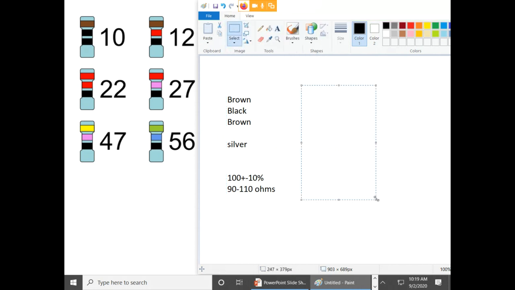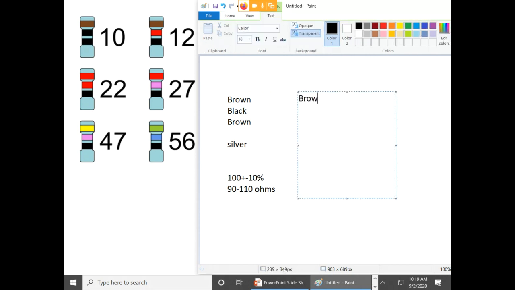On the other hand, if I had a resistor that was brown, black, brown, but had a gold band, then that's 100 ohms plus or minus 5%, which means that this resistor is only allowed to vary between 95 to 105 ohms.